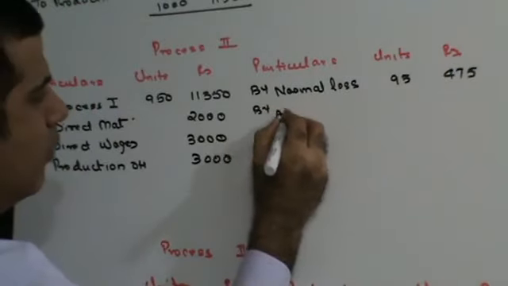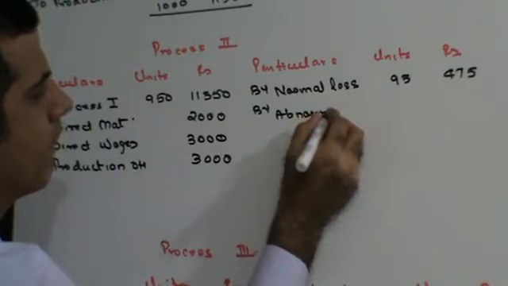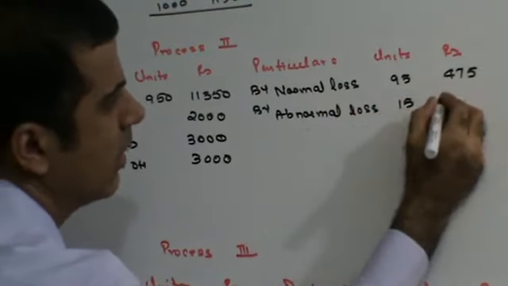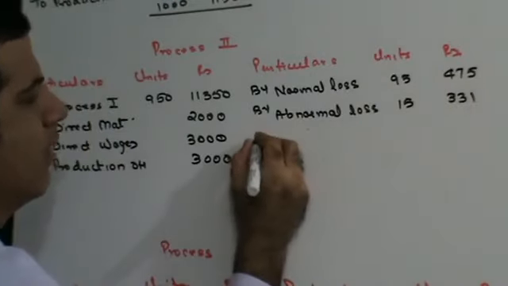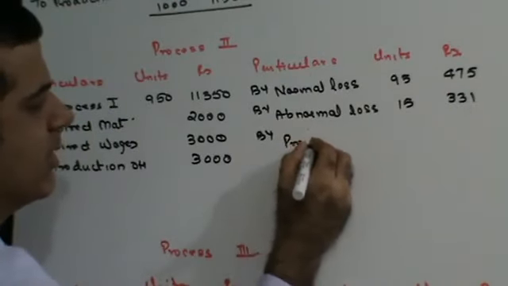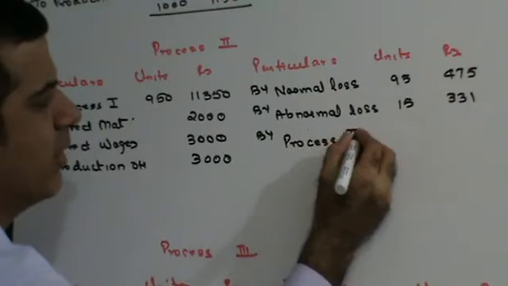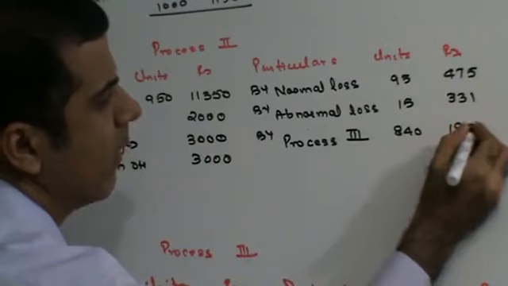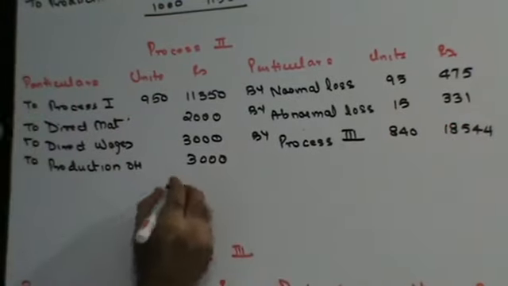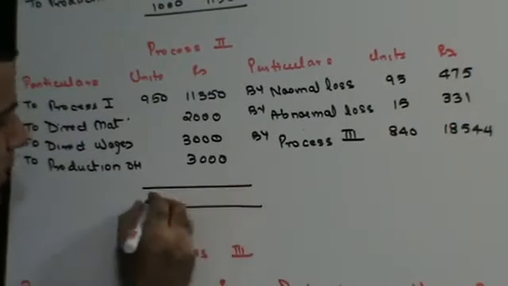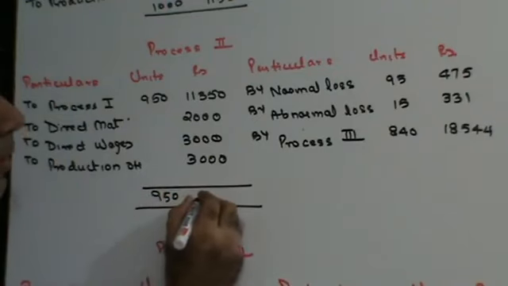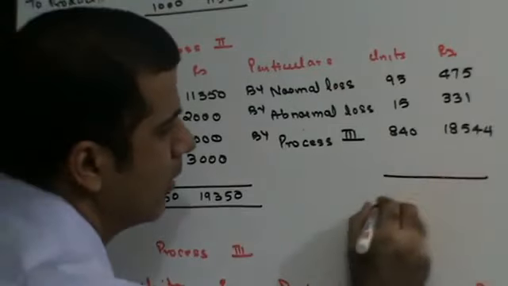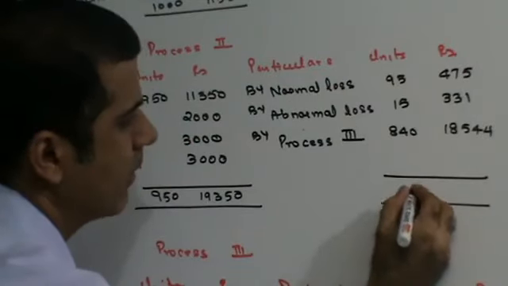By abnormal loss, abnormal loss is 15 units, 331. Actual output will be written as the next process. So by process 3, 840 and 18,544. Tally this. When you tally this, this is going to be 950 and this is 19,350.